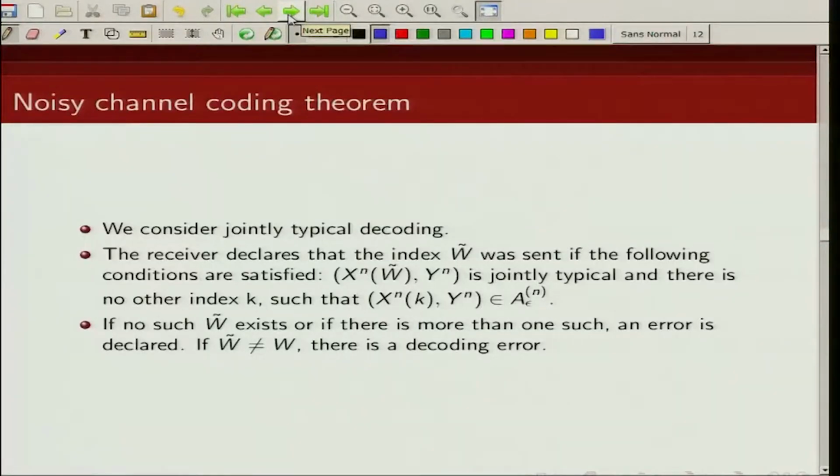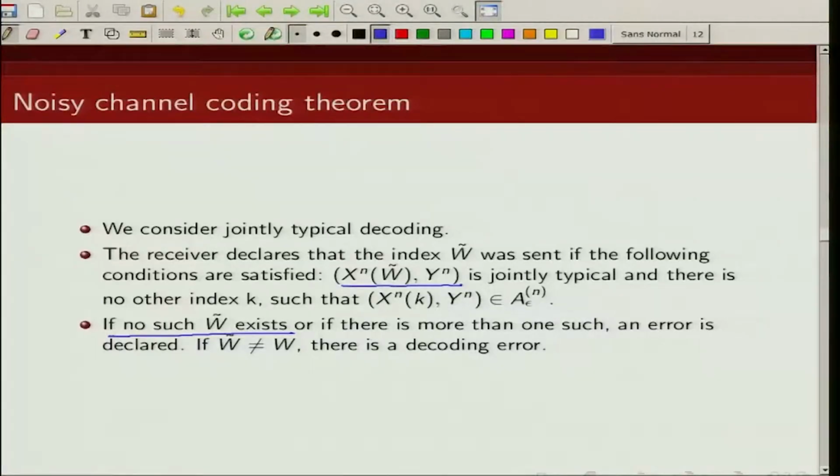So when will an error happen? An error will happen when you send index W and you decide in favor of some other index which is not W. So an error can happen in typical set decoding if there is no W tilde. That means there does not exist any index for which the pair x^n(W tilde), y^n is jointly typical. That is one condition.